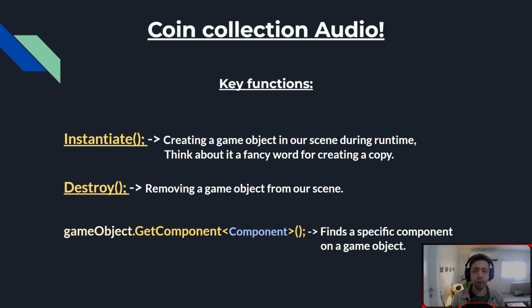We talked about Destroy, which is just taking whatever game object and removing it from our scene because we don't want it to live inside our scene or in the memory of our game. And we also talked about GameObject.GetComponent, where we said which component we want to access. In our case, we took the instantiated game object and accessed the component of type AudioSource that we later called our audio clip from.